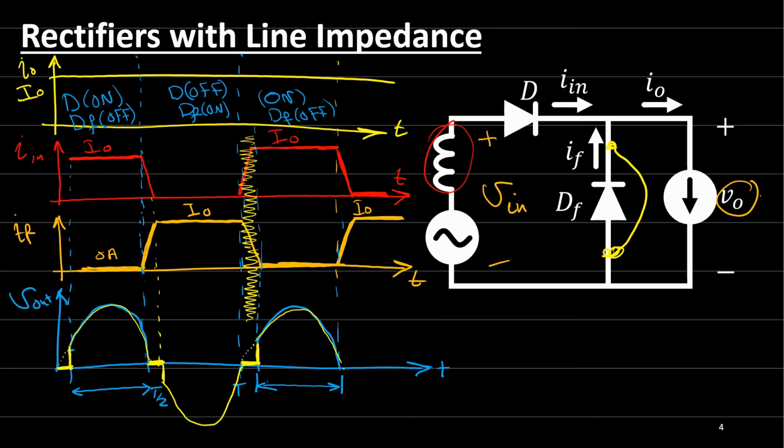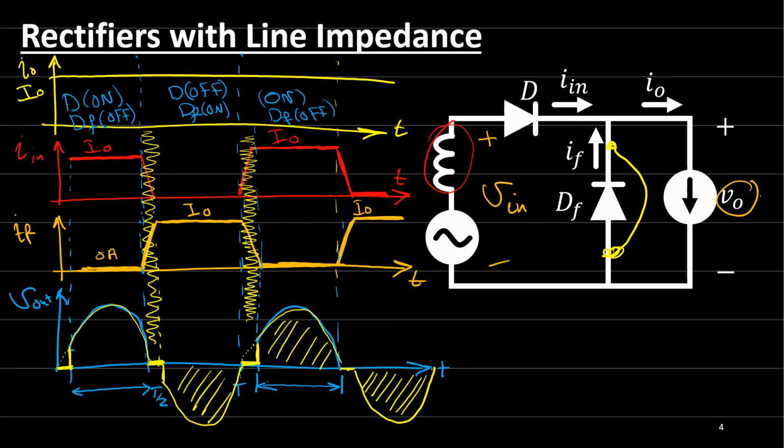Because at this point in the negative half cycle, diode 1 and the freewheeling diode are conducting, so the input is 0, but the output will be 0 as well because it's rectified. There is no voltage in the output. So this is the input voltage, the yellow color, V input, and the blue color is the output voltage.